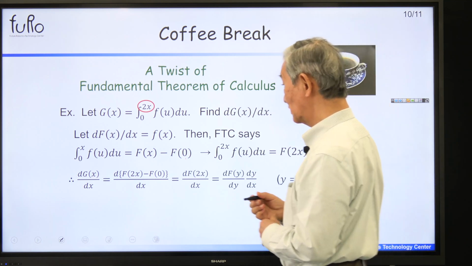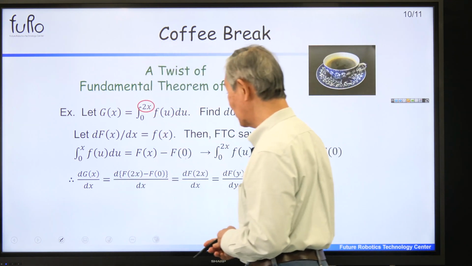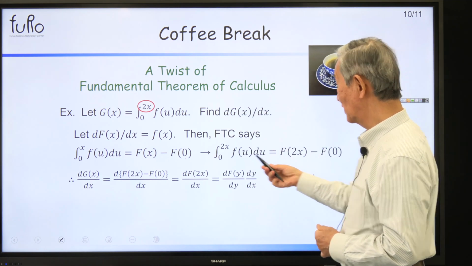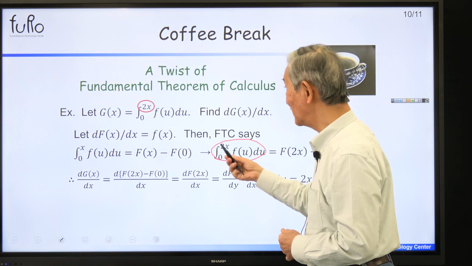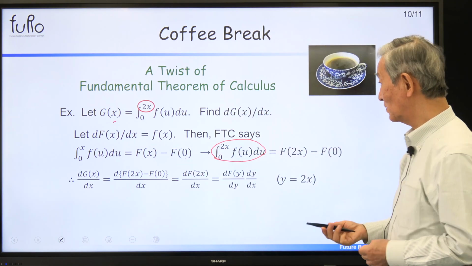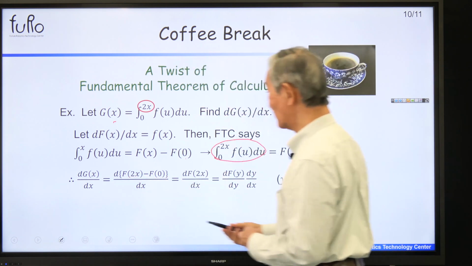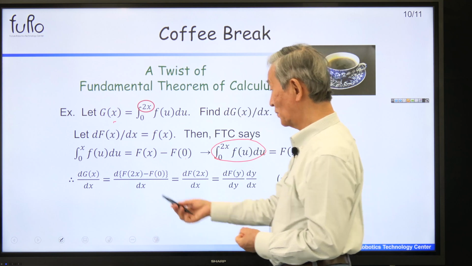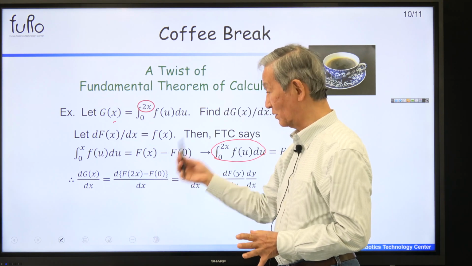So, dg(x)/dx here is this one here, because that is exactly g(x), right? So dg/dx is equal to this one in terms of dx. And of course, F(0) is just a number, so it is gone.